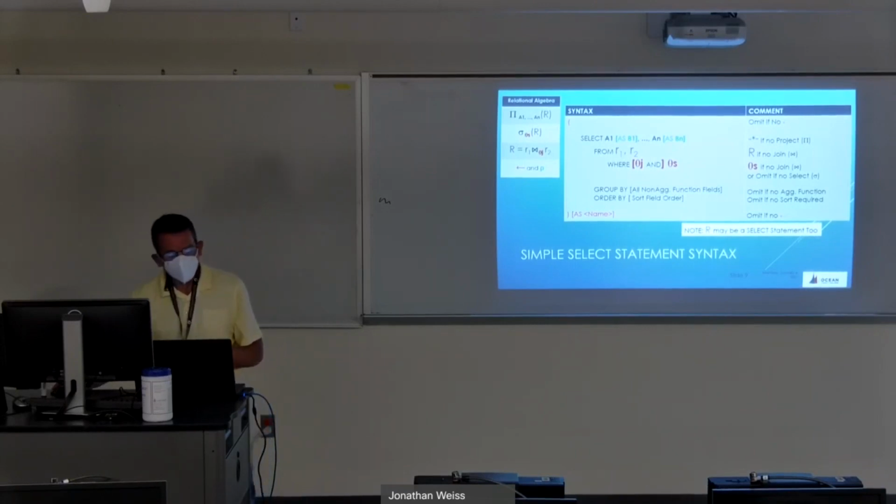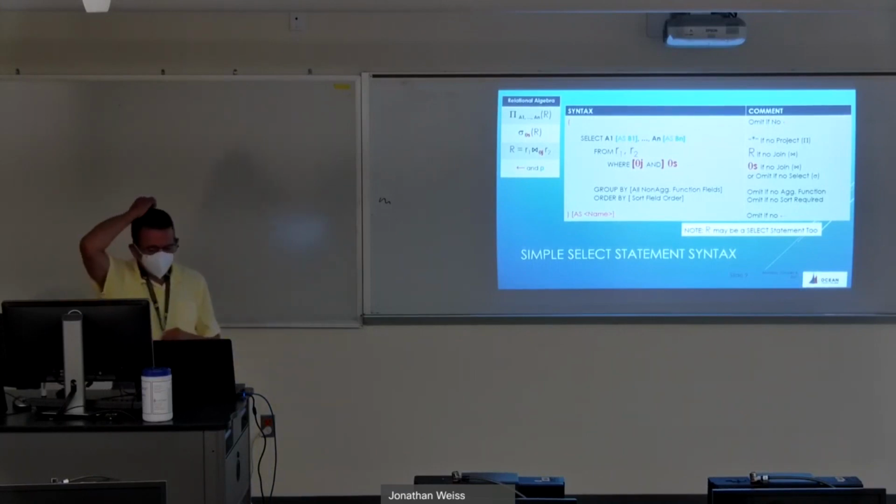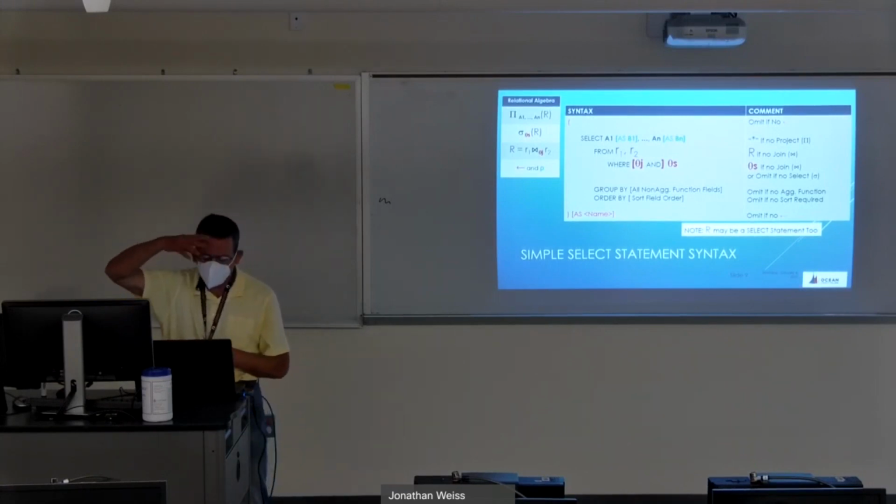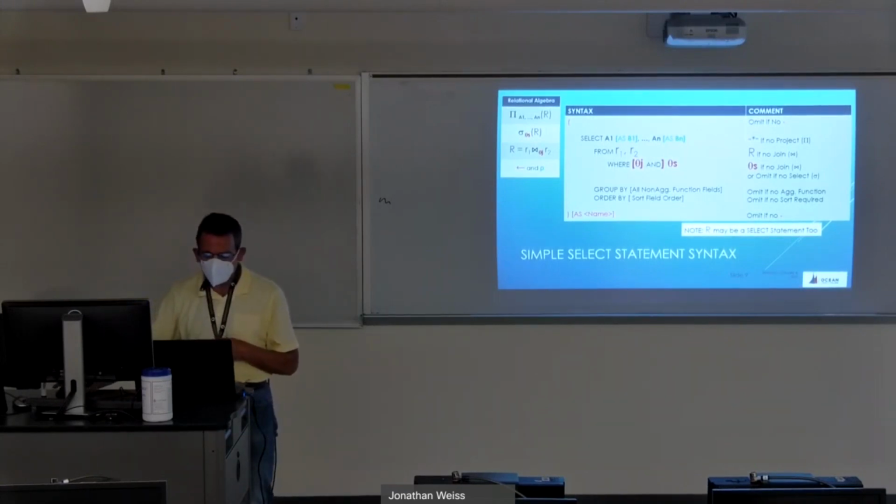Then the where statement has two pieces. It has the predicate for the join and the predicate for the select. And you have to include both of those. We haven't learned other formats for the select statement yet, for the join statements yet. So this is what we're doing for the test. But you have where the join predicate is true and the select predicate is true.